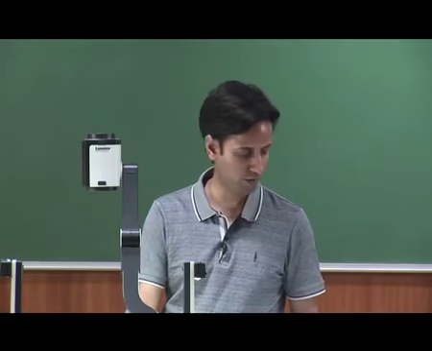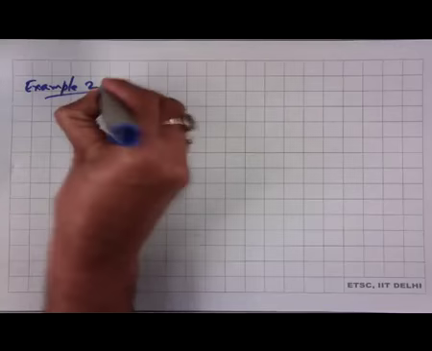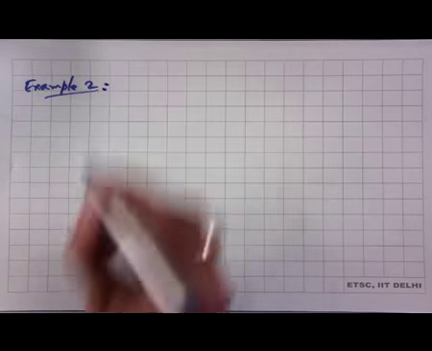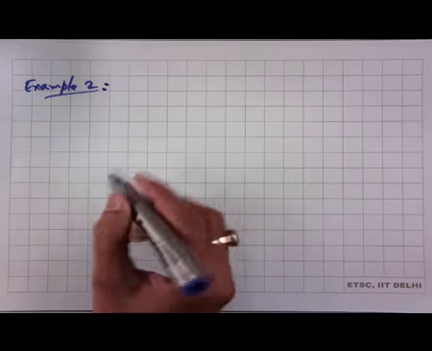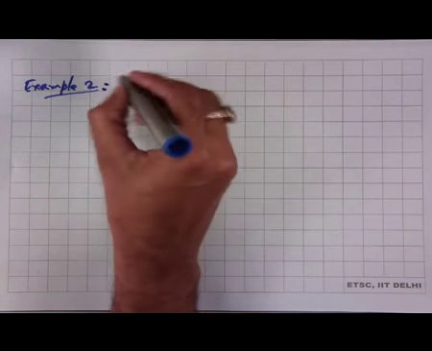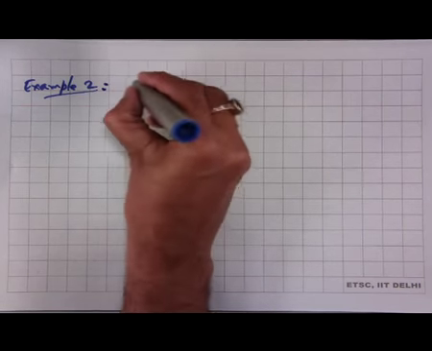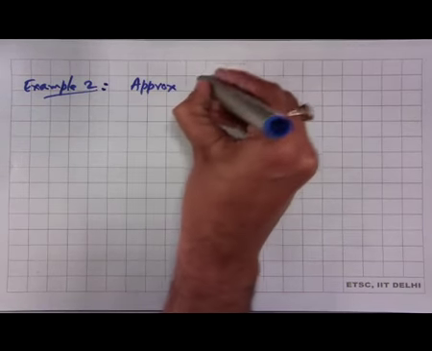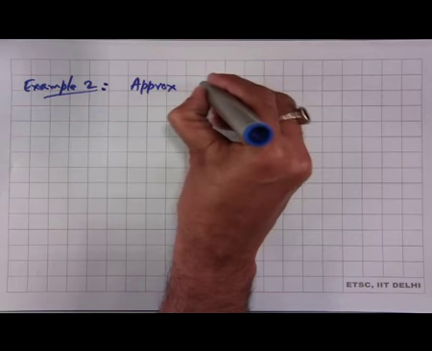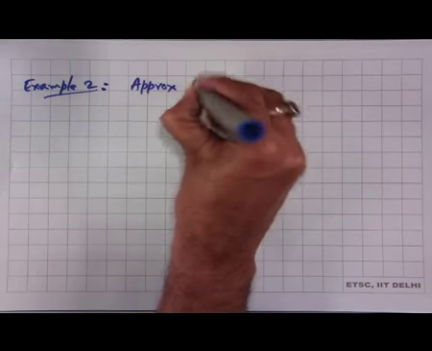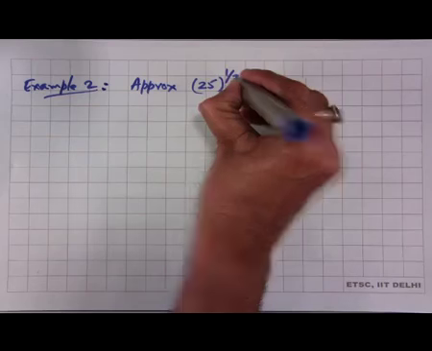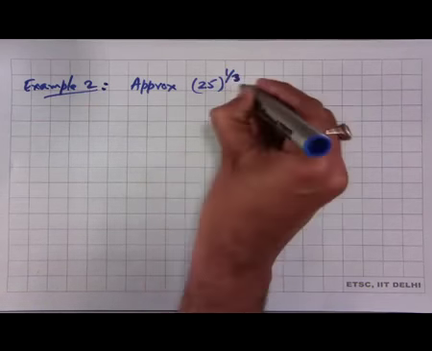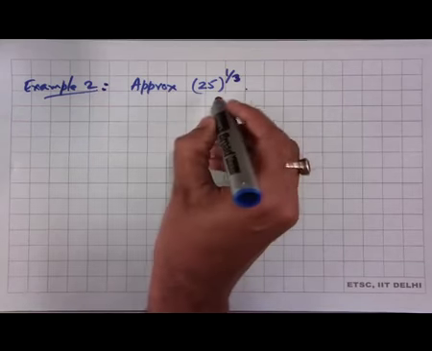Let us look at one more example. Note that in the previous one, the square root of 36.6, there is a method to calculate the square root. Now, suppose I ask you to compute the value of the cube root of 25. Now, this is not easy to calculate exactly.